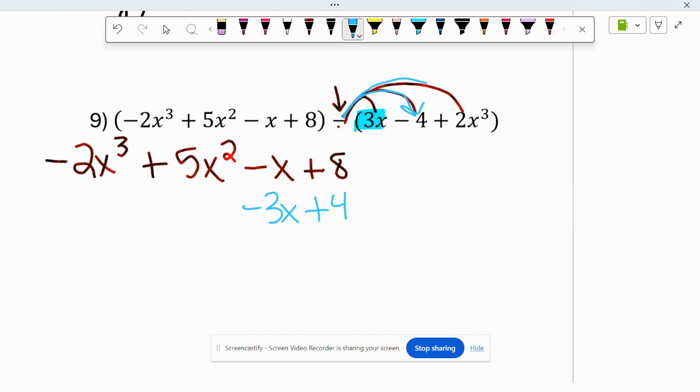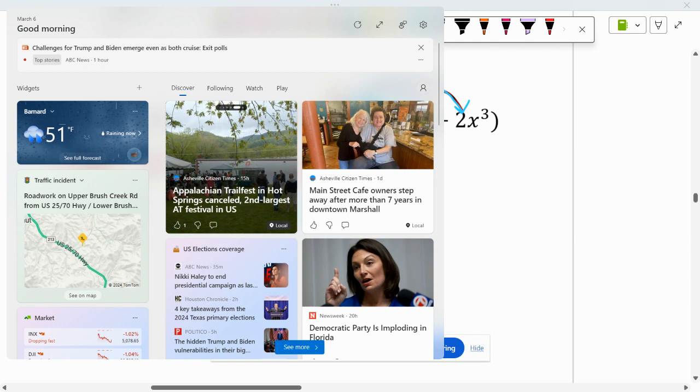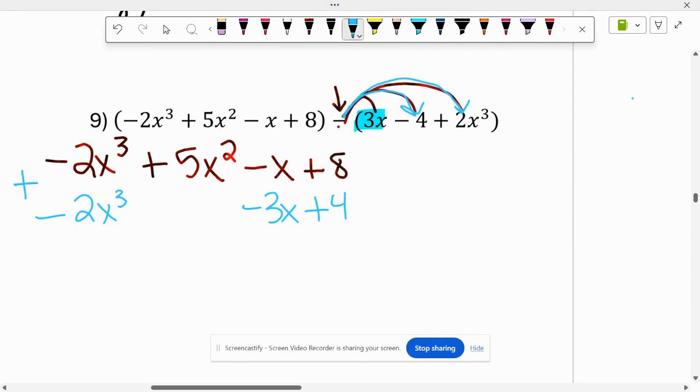When I distribute this negative to the positive 2x cubed, that's going to give me a negative 2x cubed. That's going to go right below the other x cubed term. Remember that we're adding these because we've changed the subtraction to addition, right? So let's just add them up.